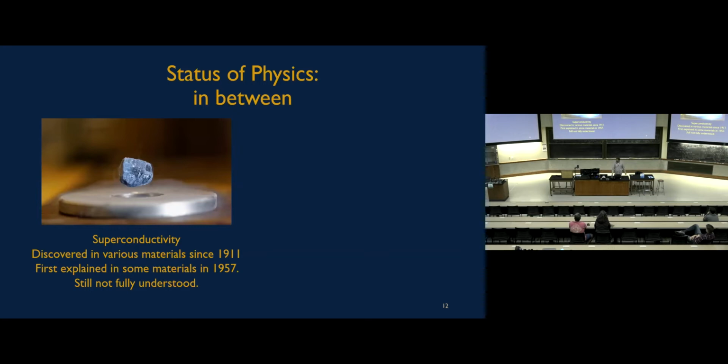Superconductivity was first discovered in 1911. And some people explained it in 1957, 40 years after it came, but only for some materials. We still don't know how many other superconductors work, especially the one in this demo. We still don't know at a microscopic level what makes it work. How does it act like a superconductor?